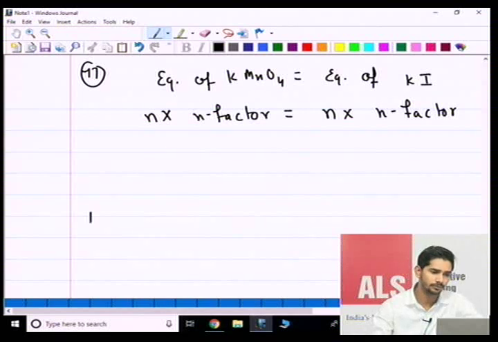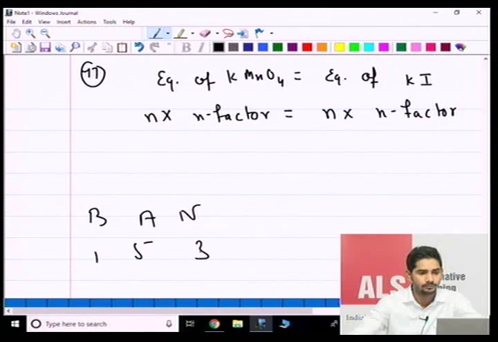Did you remember? Is there anyone who remembered this one? Guys, if you won't remember these terms, then the question will become difficult for you. So in the basic medium, the n factor is 1.